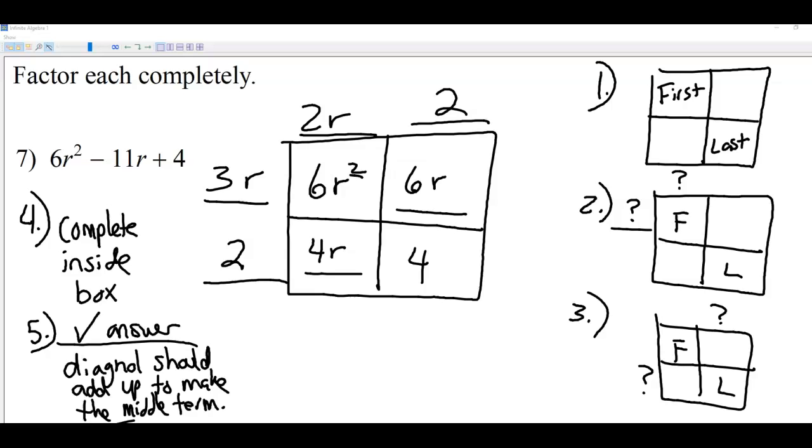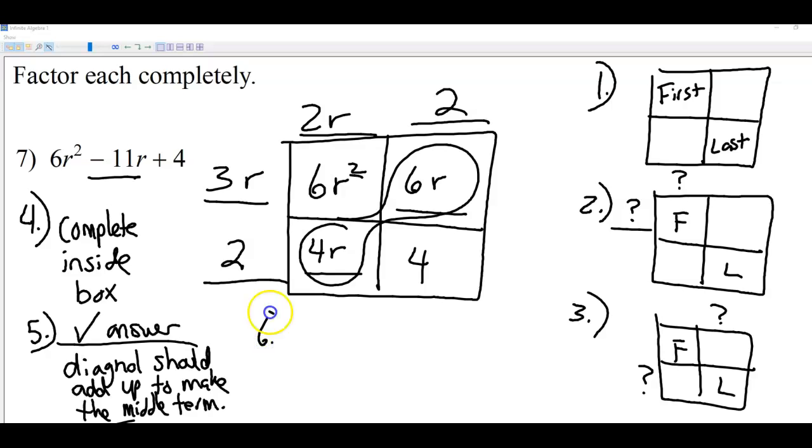Okay, so this diagonal here, those two numbers should combine to make this. Do 6r and 4r add up or subtract somehow to make negative 11? No. Guess what that means? Our guess was wrong. That's why these are kind of frustrating, because you don't always get it on your first one. So now I'm going to give you guys some guessing tips.